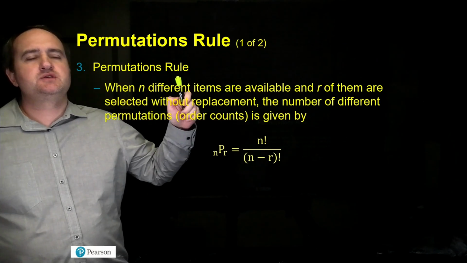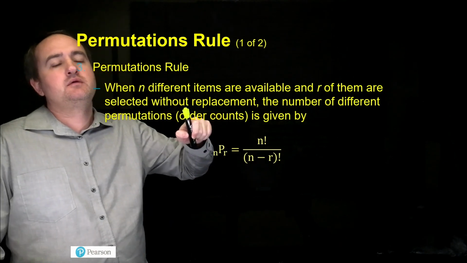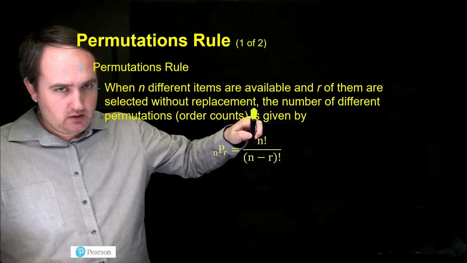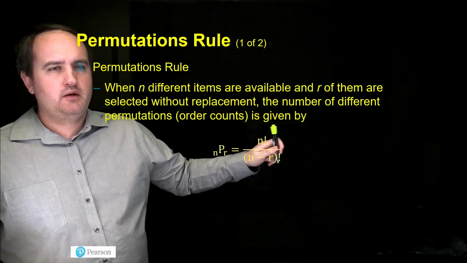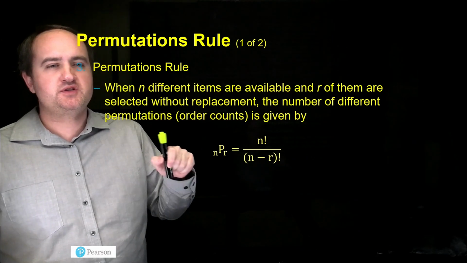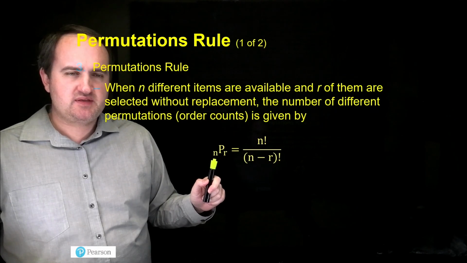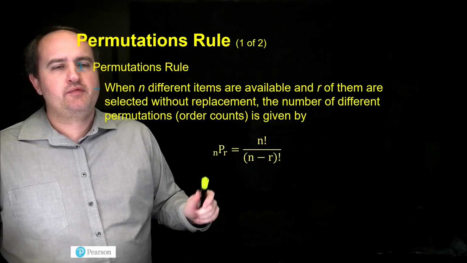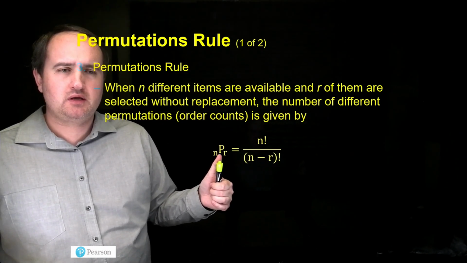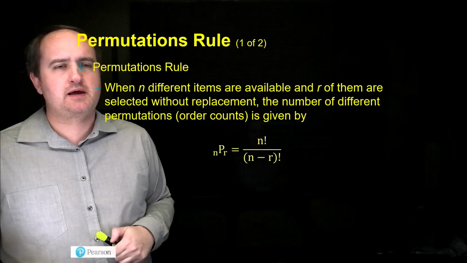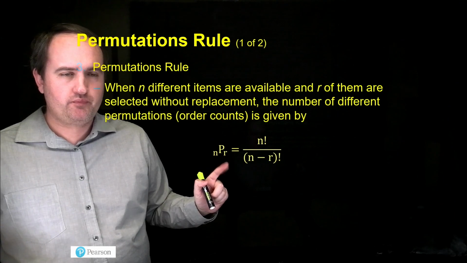Okay, so with permutations, when n different items are available and only r of them are selected without replacement, the number of different permutations where order counts is given by nPr. Another way of saying it is n objects permuted r at a time, or the permutations of n objects taken r at a time.